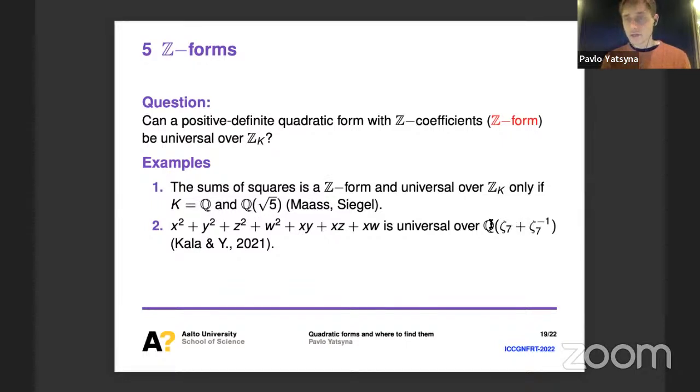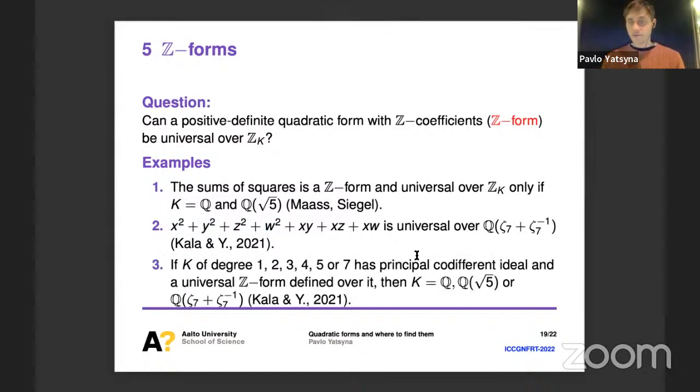Note that this number field is of degree 3. And so we know that there cannot exist a universal quadratic form in 3 variables because it's an odd extension. So in this number field, this is actually the smallest quadratic form with respect to the number of variables you can find. And more generally, we show this result for low degrees.